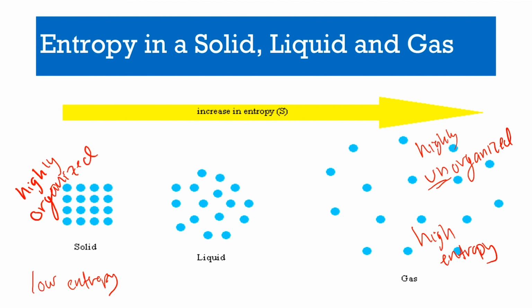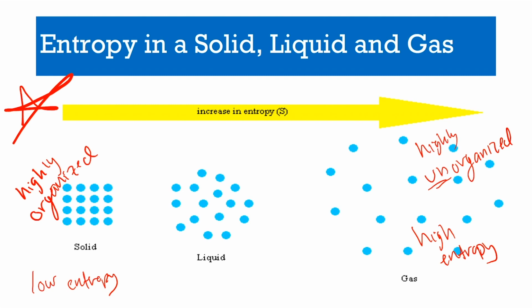This is the slide we really want to focus on, because on Regents questions, most likely they will ask you about the state of the substance, or the phase of matter, and as it changes from solid to gas or solid to liquid, which one has a higher or lower entropy. So this diagram is your go-to diagram to do those questions and to remember the level of entropy.